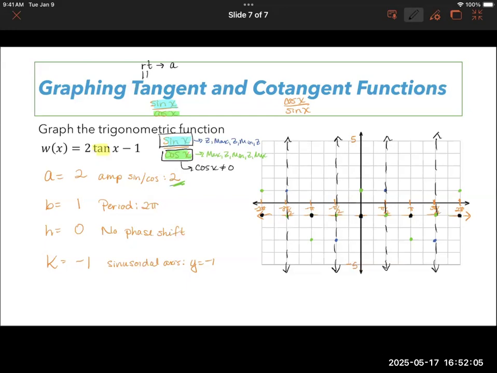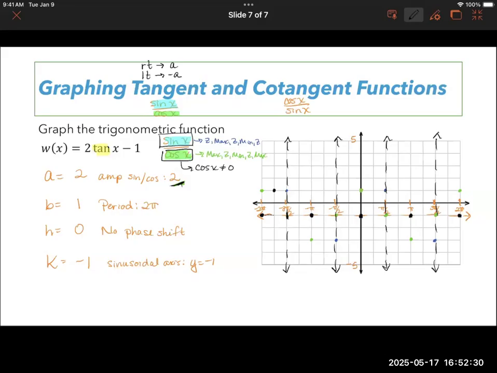If you go to the left, you're going to go to the negative a value. So because this is tangent, if I go halfway between this point and this asymptote, and then go up the a value, which is 2, I have a point right here.